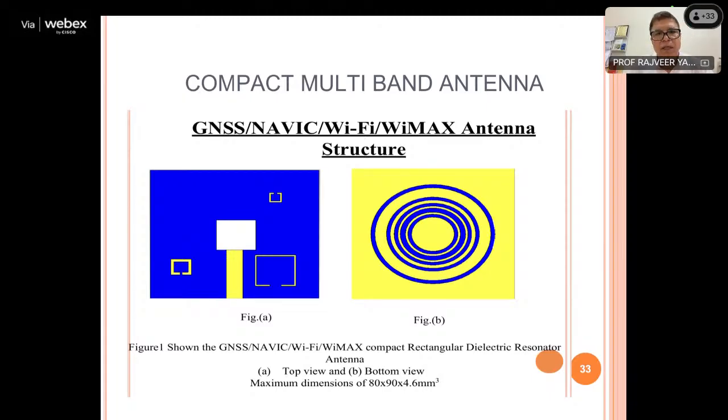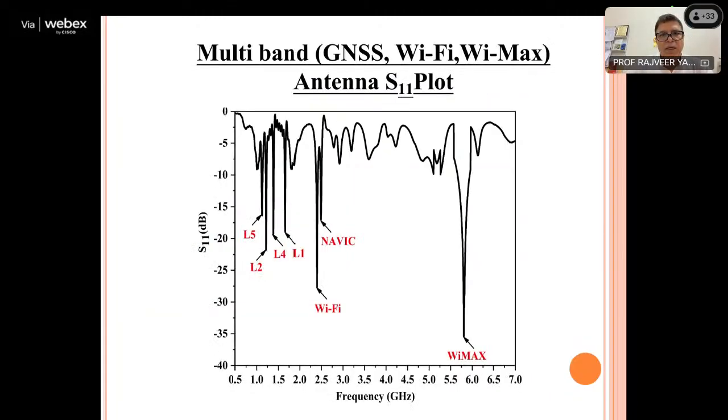Here is another. If you see, we are able to represent a Navik band, which is 2.49, the Wi-Fi band, and all the other 5 bands, WiMAX band. So everything is available in one compact solution.